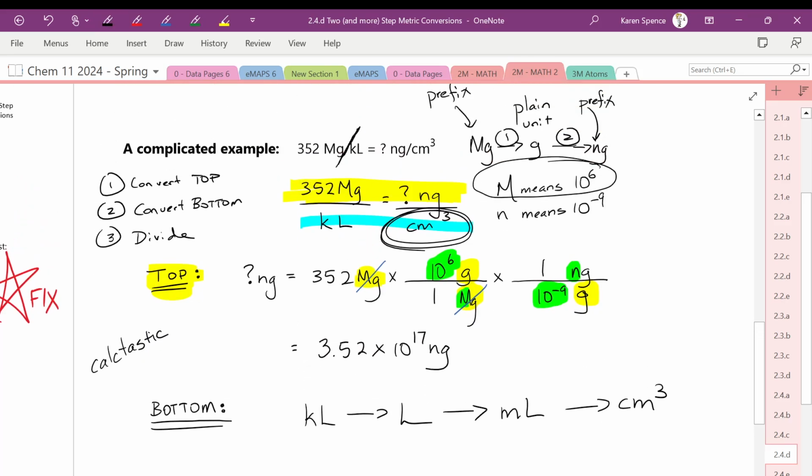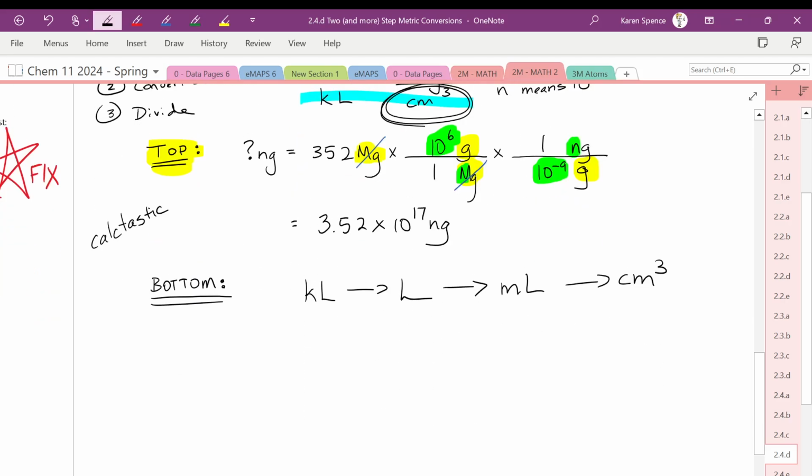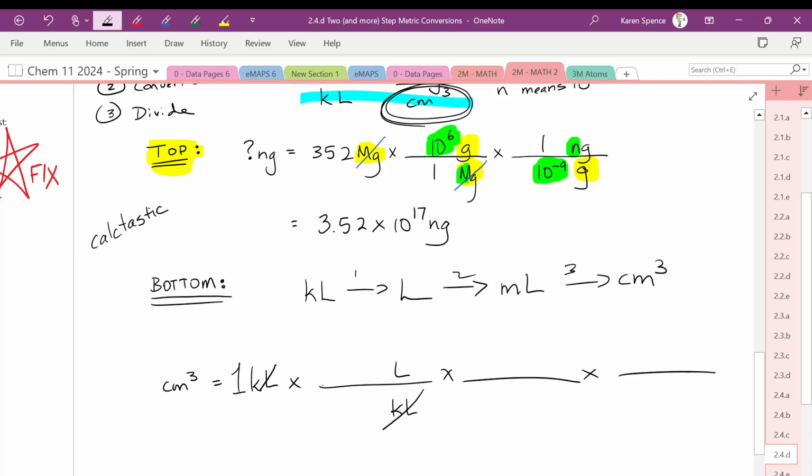All right, so what I would do is I would say I have 1 kiloliter times, and I've got 3 steps. Kiloliters cancel, and I want to find liters. Liters cancel, and I want to find milliliters. And milliliters cancel, and I want to find centimeters cubed.